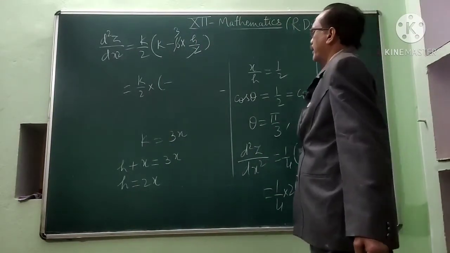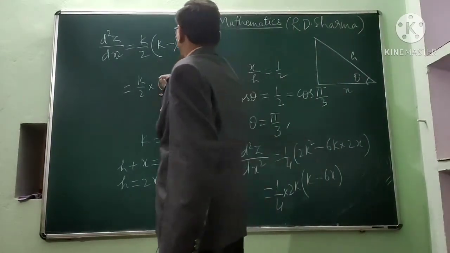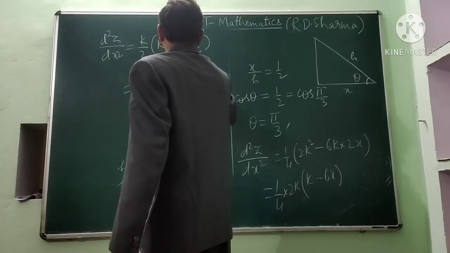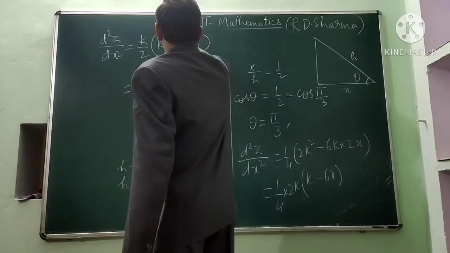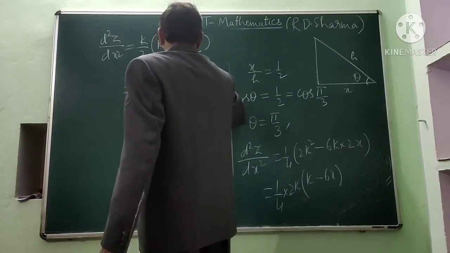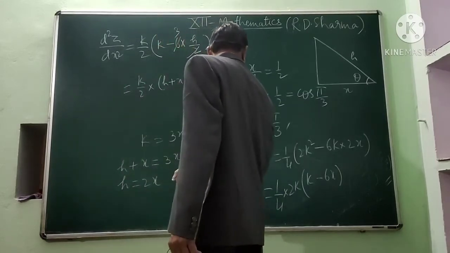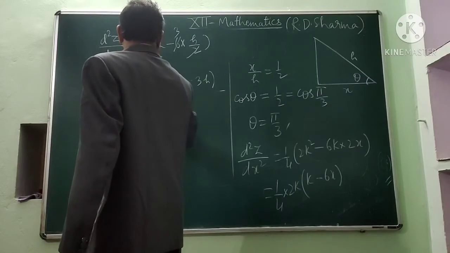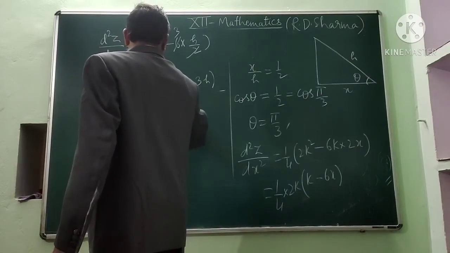The value of k is x plus h, so k by 2 into x plus h minus 3h. Then it is k by 2 into x minus 2h.